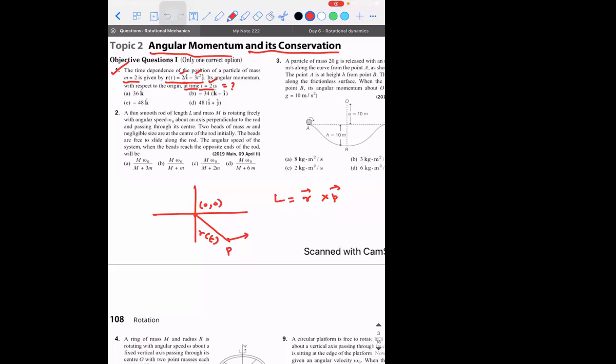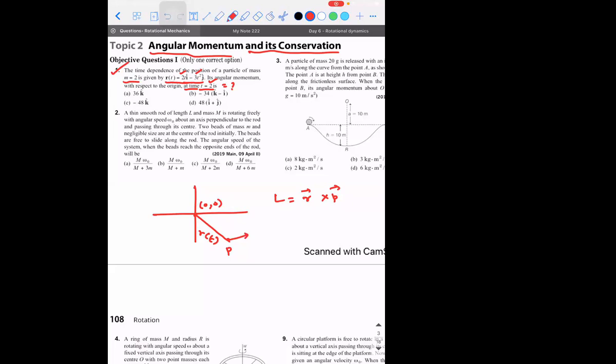Right. So what are all the values I know? I have r vector. How do I find p vector? m into v.